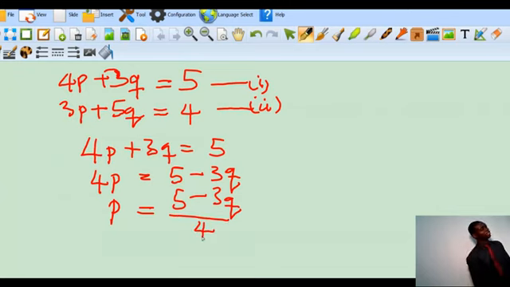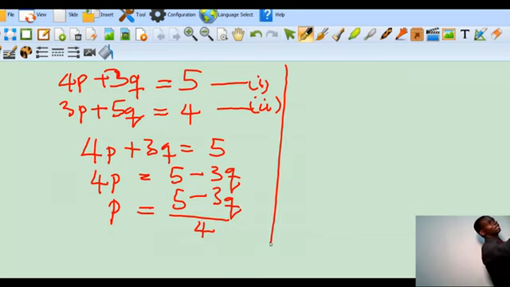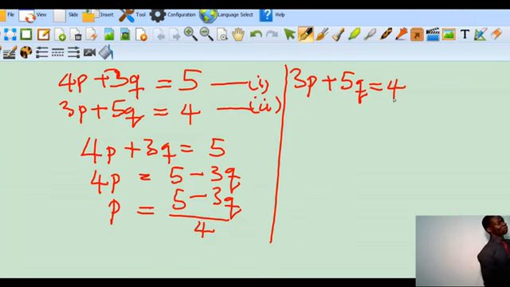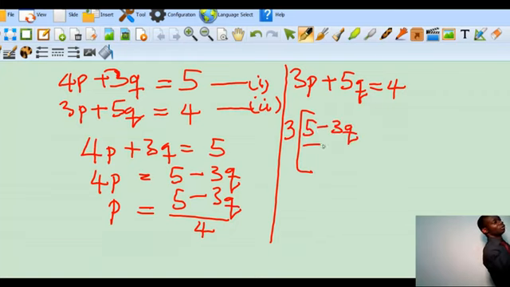Now, what you are going to do is to substitute for p in equation 2. Remember that equation 2 is 3p plus 5q is equal to 4. Substituting the value of p, you have 3 into bracket 5 minus 3q all over 4, bracket close, plus 5q is equal to 4.